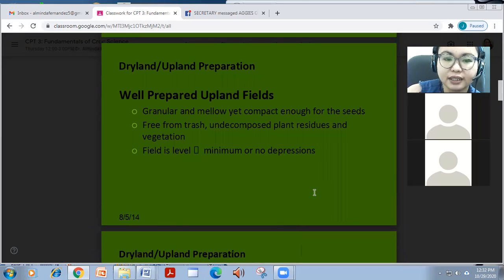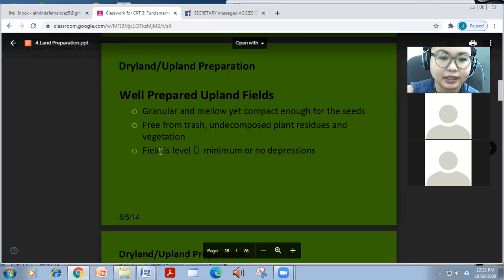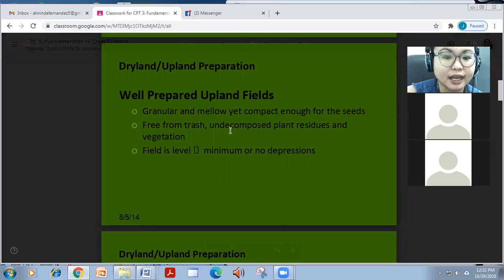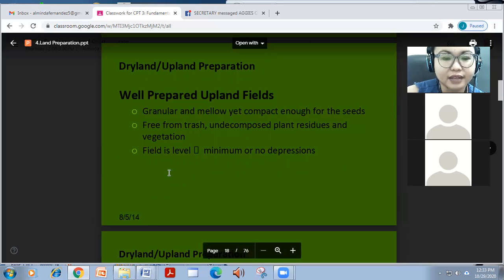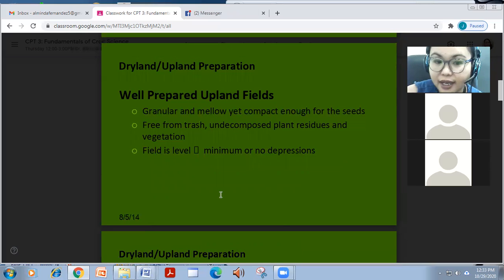So ganyan no, ka-perfect for the growth of plant. So granular siya, enough for the seed growth, at wala siyang mga undecomposed na plant residues or any plastic. Otherwise, para siyang basurahan tingnan. And it can also burn your plants when it's still partially decomposed.